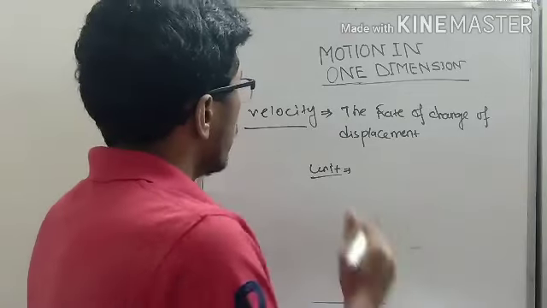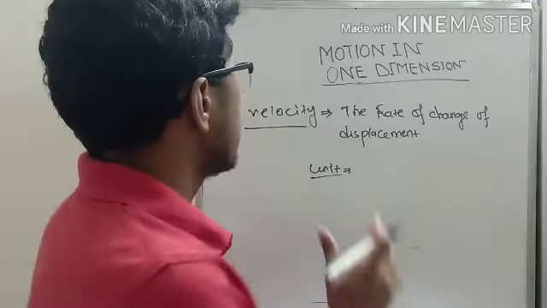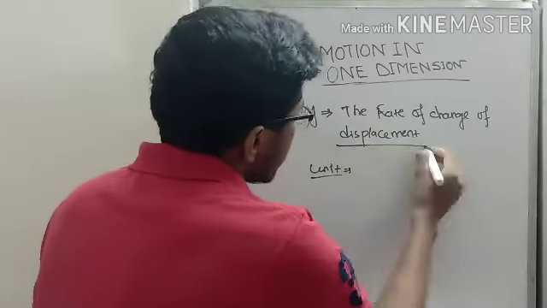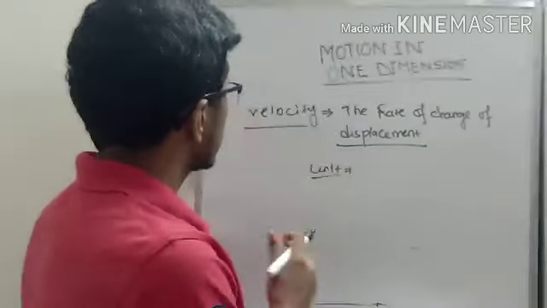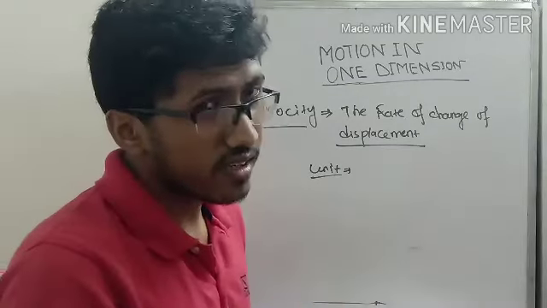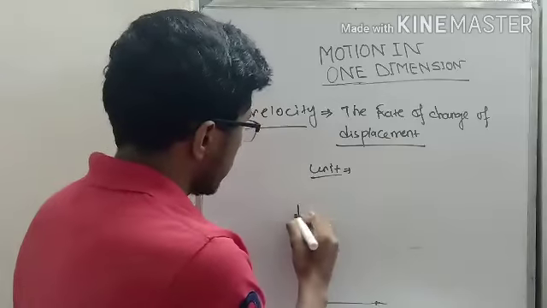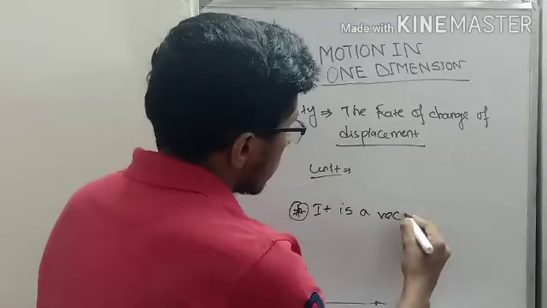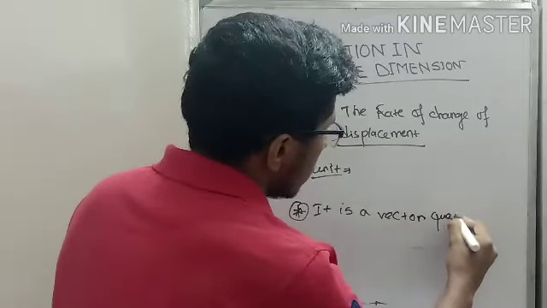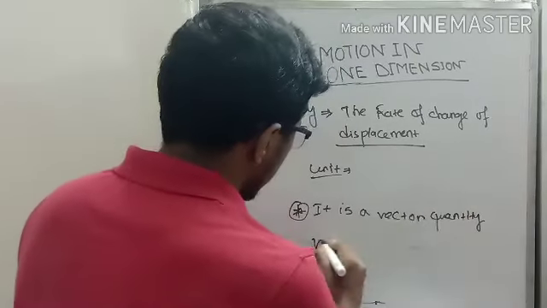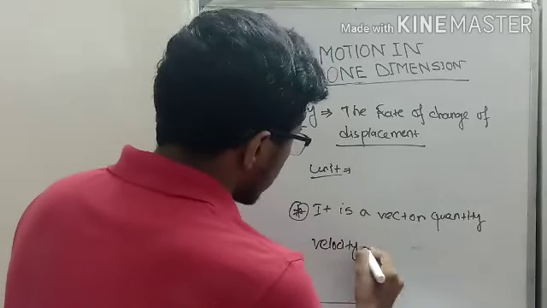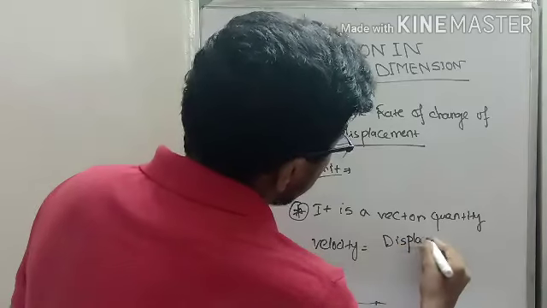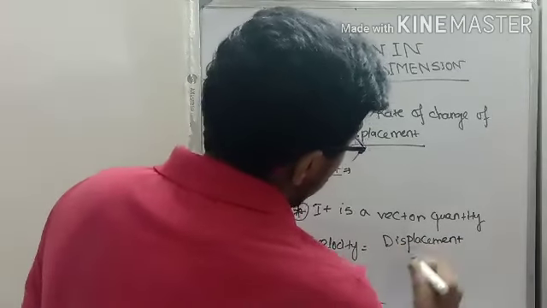Displacement is a vector quantity, so velocity is also a vector quantity. We can express velocity as displacement by time.